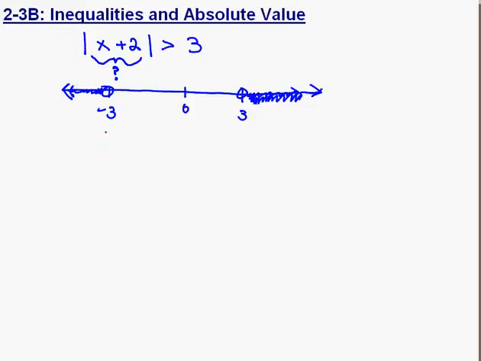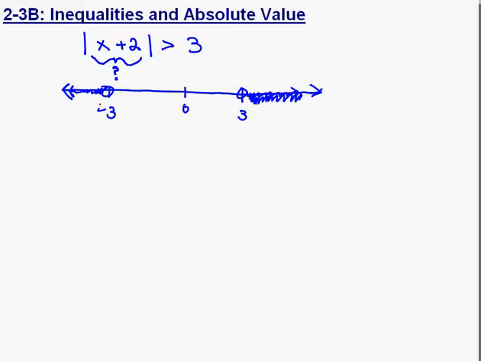All right. Now looking at the absolute value of negative 3, we know the absolute value of negative 3 is 3. Well, is 3 greater than 3? No. But how about negative 4? How about negative 3.1? The absolute value of negative 3.1 is positive 3.1. Is that greater than 3? The answer would be yes.